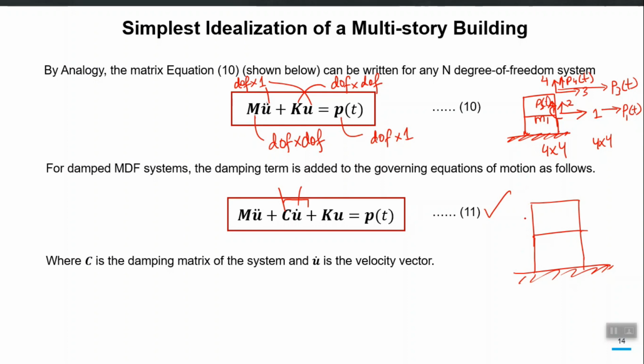So ideally you should have 1, 2, 3, then maybe 4, 5, 6, then 7, 8, 9, and then 10, 11 and 12. If you distribute those degrees of freedom to each node, this is a 12 degree of freedom structure actually.